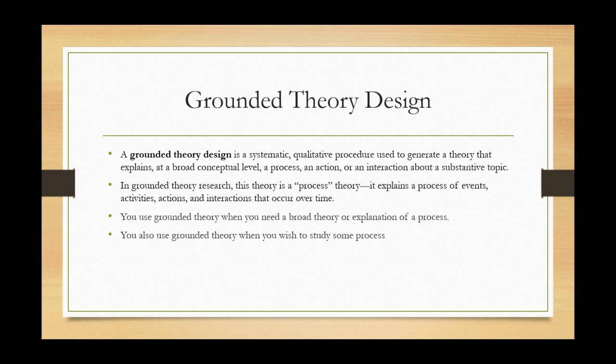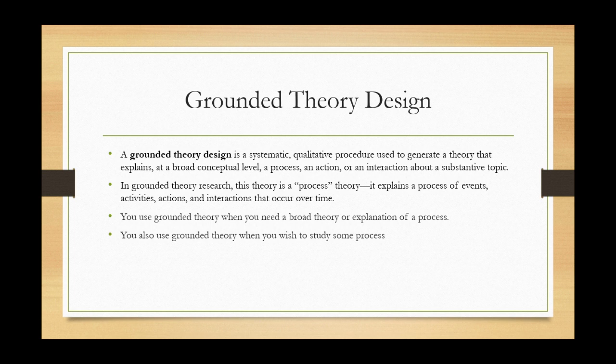Also, grounded theories proceed through systematic procedures of, one, collecting data, then identifying categories, then you connect these categories to form a theory that in the end will explain the process. So the important procedures that are to be followed: first, you collect data.